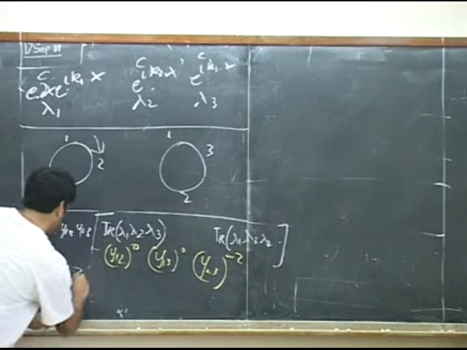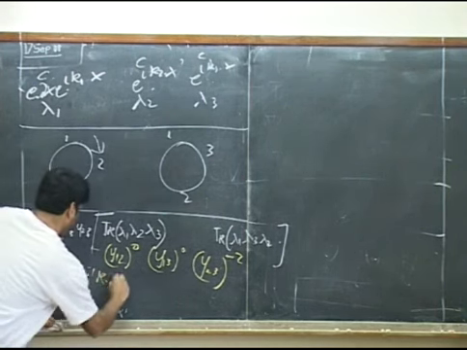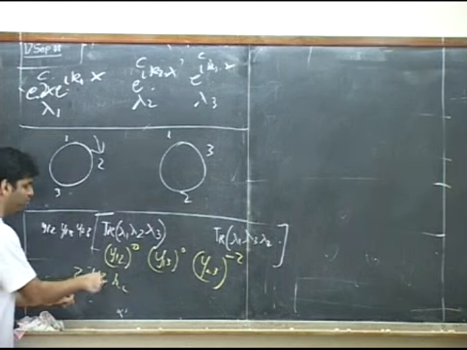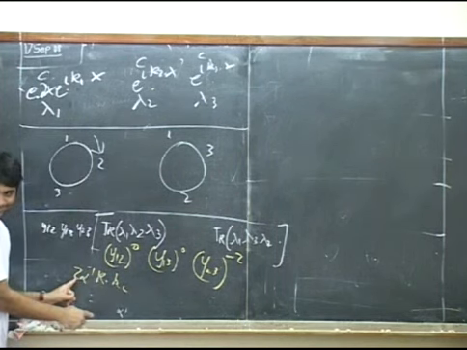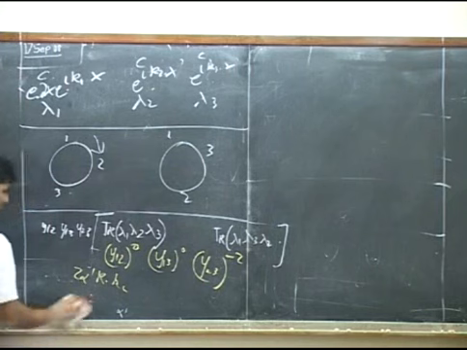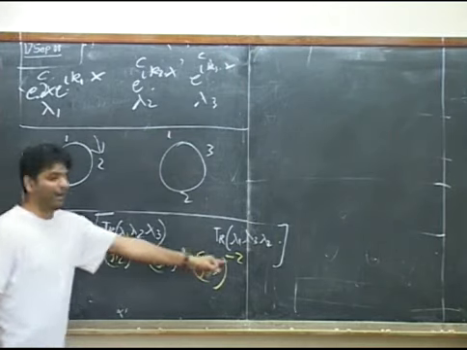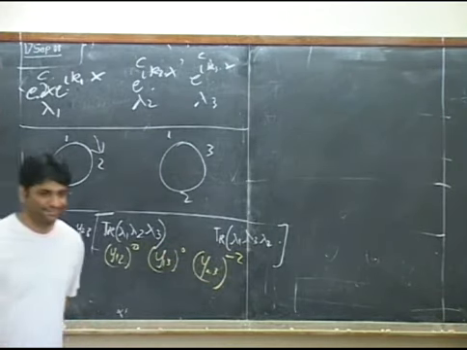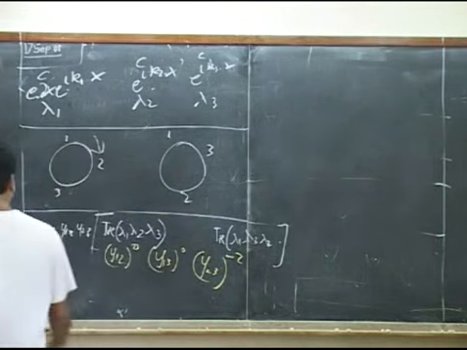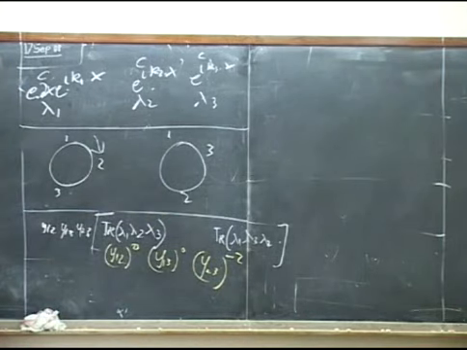Now, it's 2 alpha prime k1 dot k2, but we will give the formula for 2 k1 dot k2. For the same reason that earlier it was minus 1, this is now double that. Okay, good. Now what remains is what we get from the insertions.